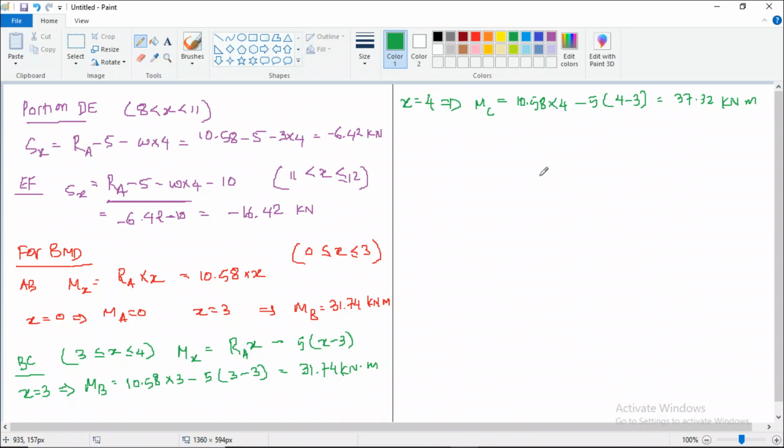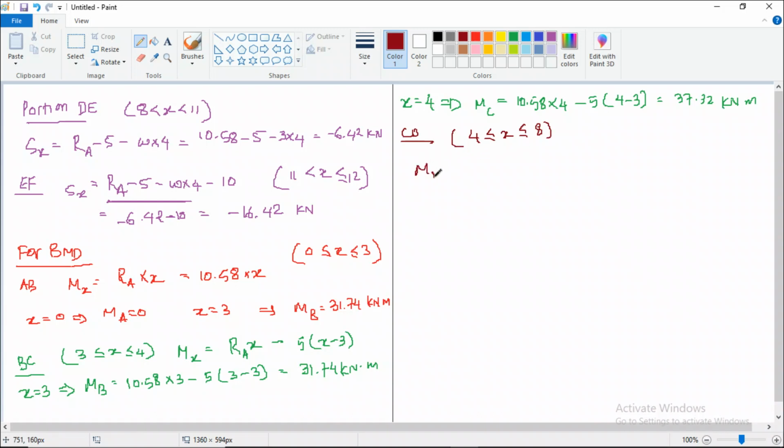Then we move to the next portion, that is portion CD. Here the range of values for x will be 4 and 8, so 4 ≤ x ≤ 8. Now here it is a UDL, so the shape of the diagram will be parabolic. Let us find out the moment first.